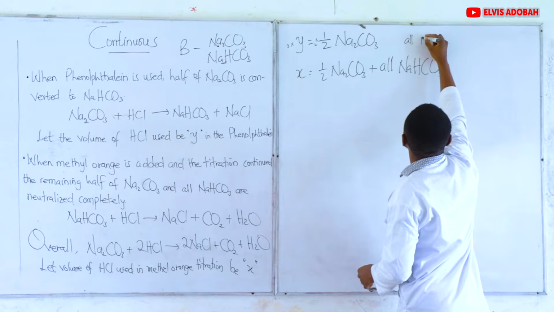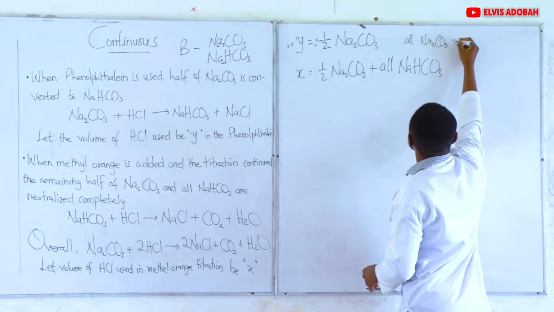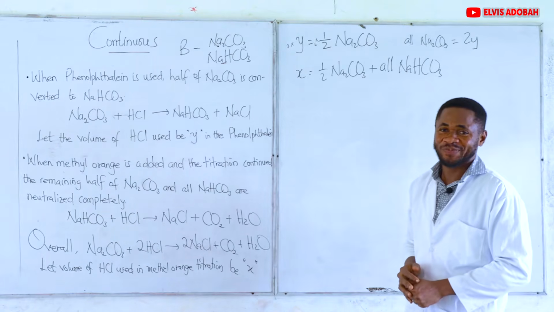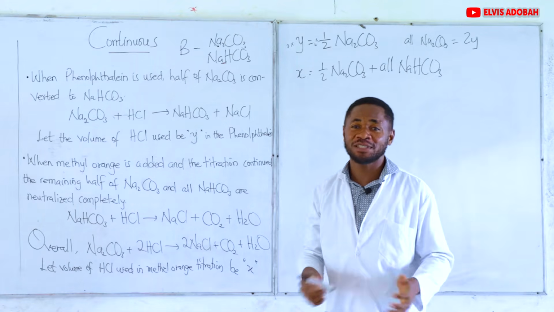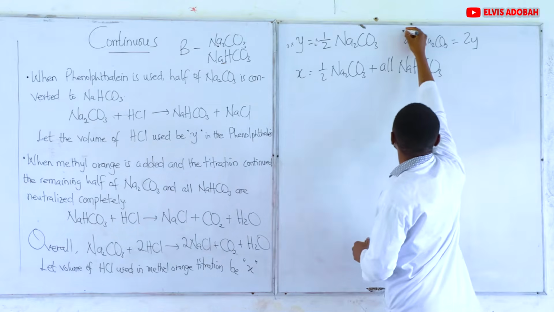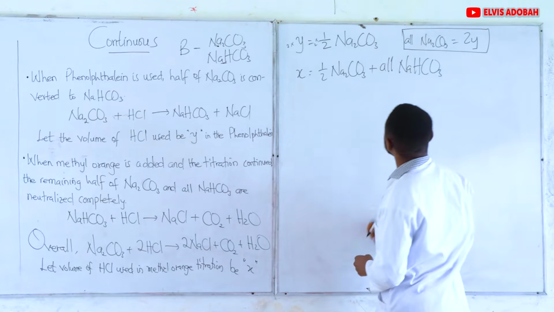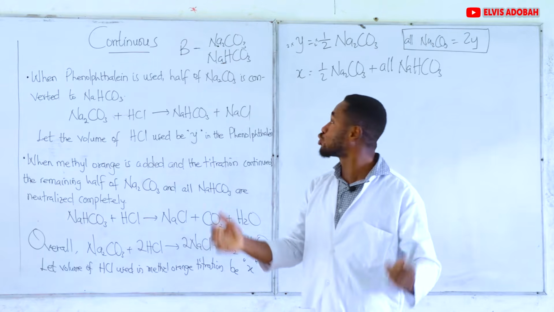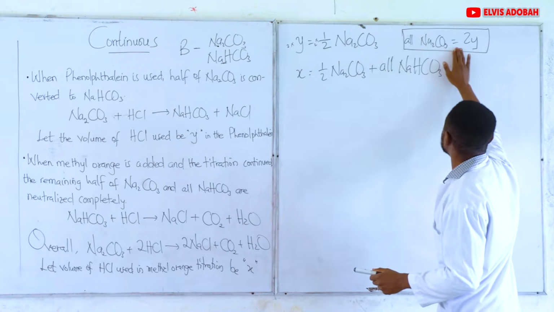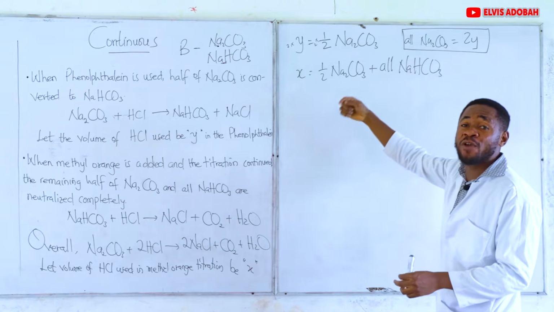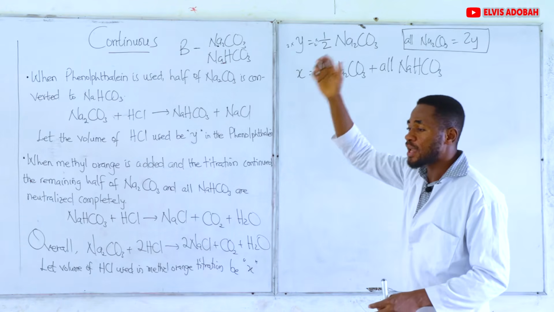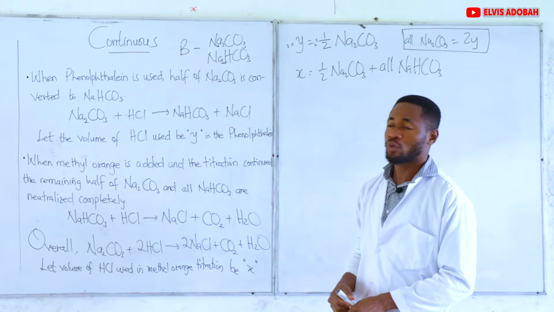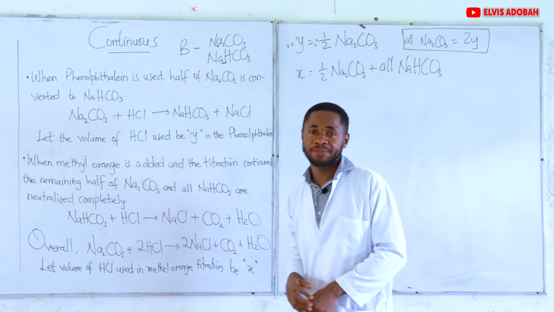So all sodium carbonate becomes 2 times Y. All sodium carbonate is equal to 2 times the average titer in the phenolphthalein titration, which is represented by the letter Y.